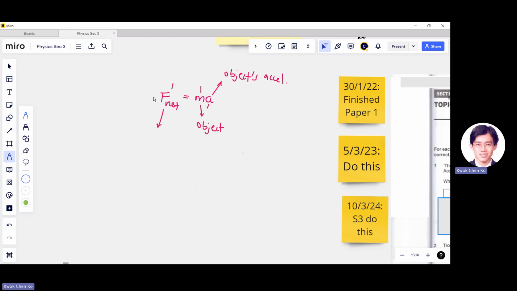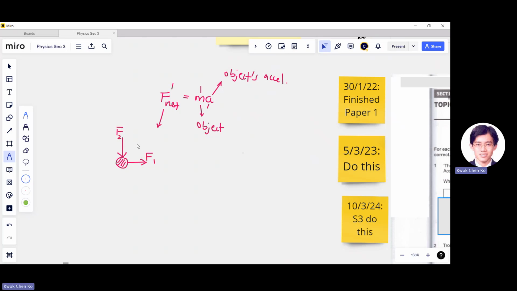Now, lastly, this formula only works if your force is the net force. So let's say I have this particular object here. It is acted on by a force from left to right and another one from up to down. So let's call this F1 and this F2.